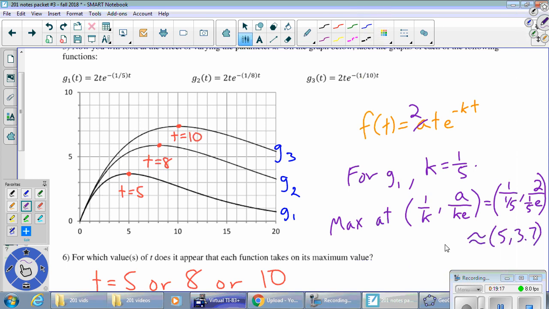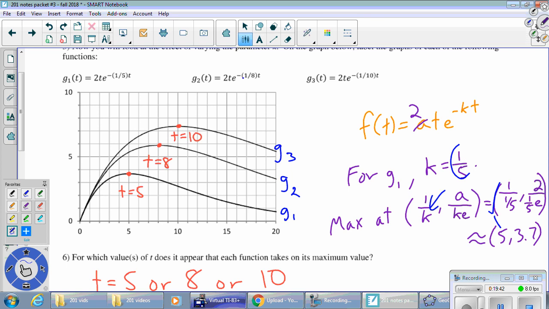Does that look like the coordinates of our maximum for the bottom curve? Right here, 5, 3.7. Yeah. So the stuff that we did jives with this bottom curve. And in fact, because this 1/5 flipped over when we did 1 over k, you do 1 over that number right there, then 5 made a lot of sense as the max.